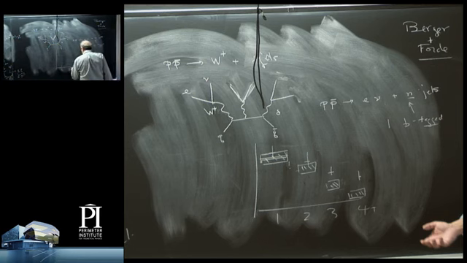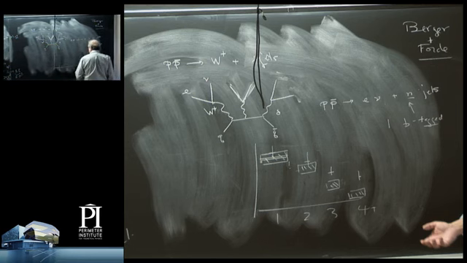So now you can make a diagram like this. For 1, 2, 3, and 4 or more jets, you can make a histogram of what you observe. So this number, this number, this number, and this number.